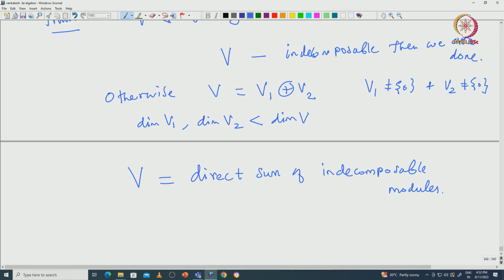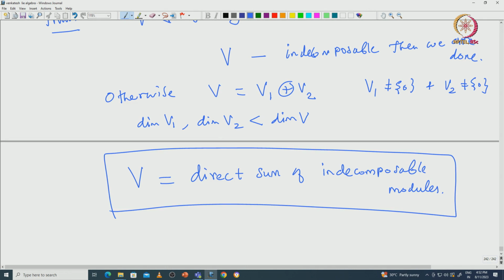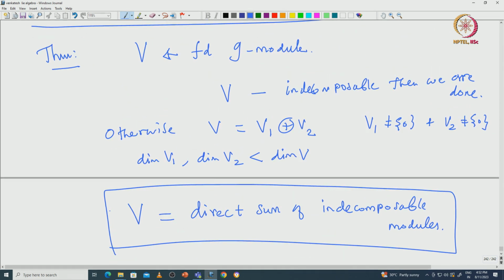So, this is actually a very important observation. If you are interested in understanding any G module, then this observation immediately tells you that it is enough to first understand what all the indecomposable modules are, because any other module can be obtained from a direct sum of indecomposable modules.